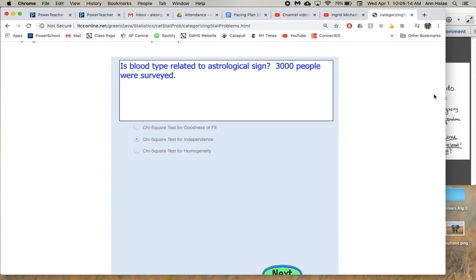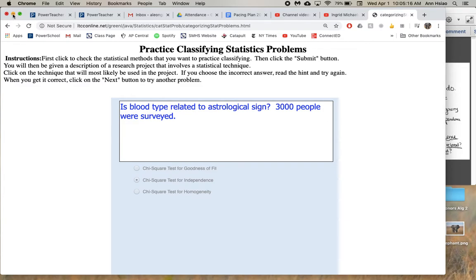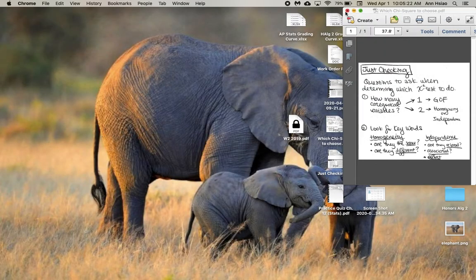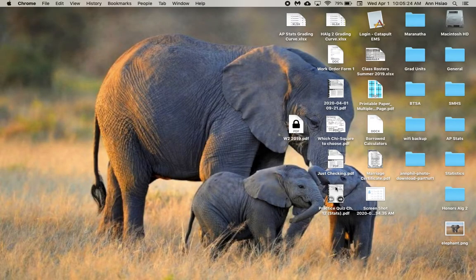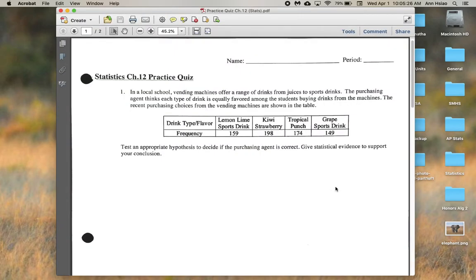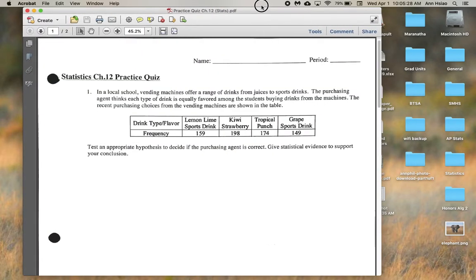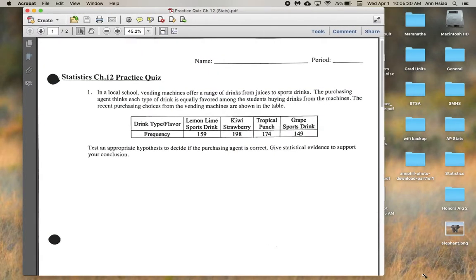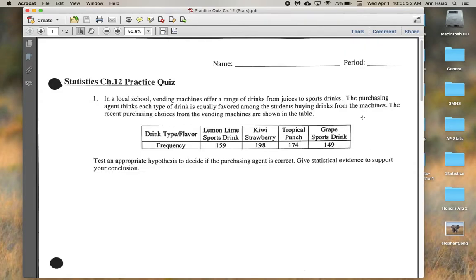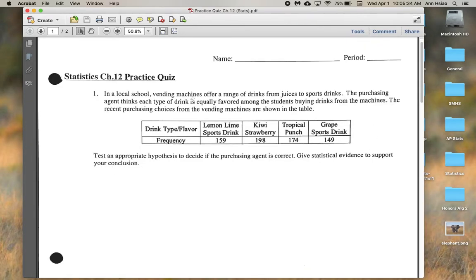Once you're done with that, now to practice the actual chi-square test, I have a practice test for you. You can go ahead and print this out, and I'll have it attached to our Google Classroom. We have local vending machines about drink flavor.